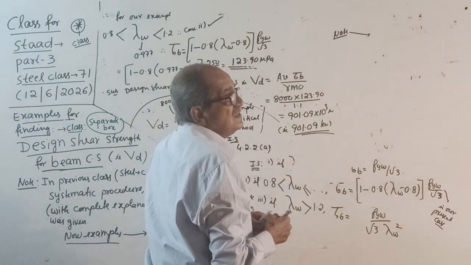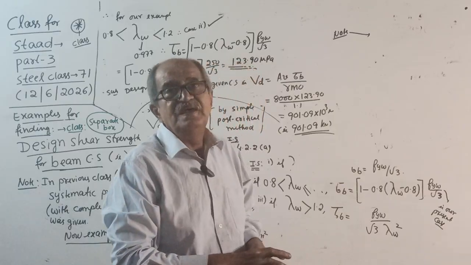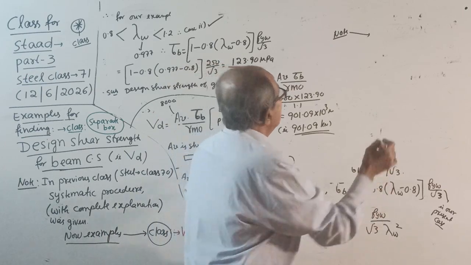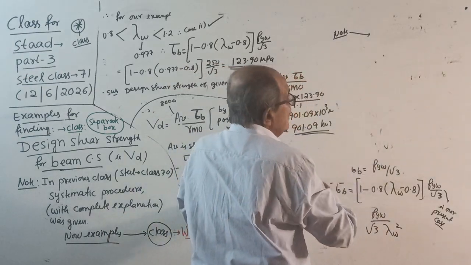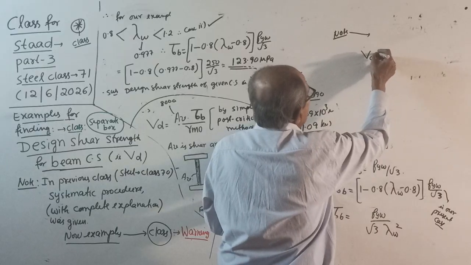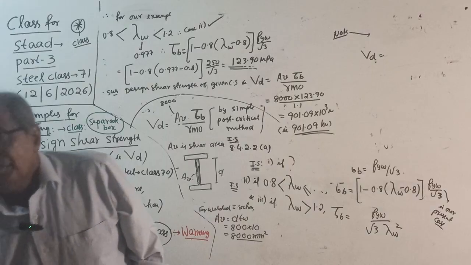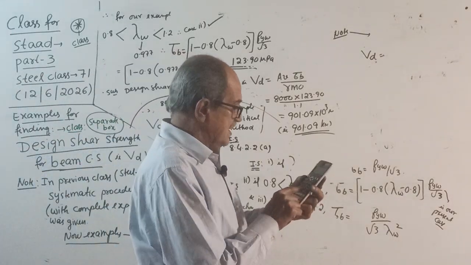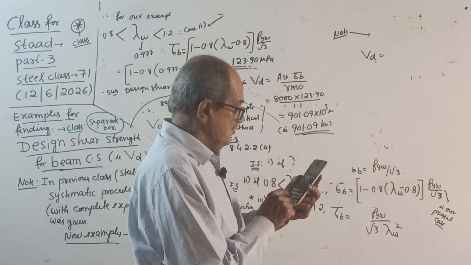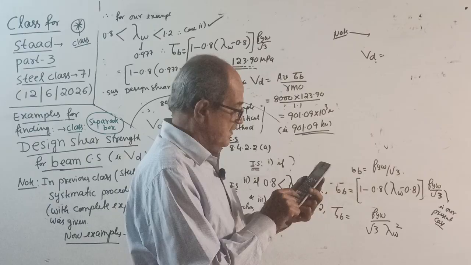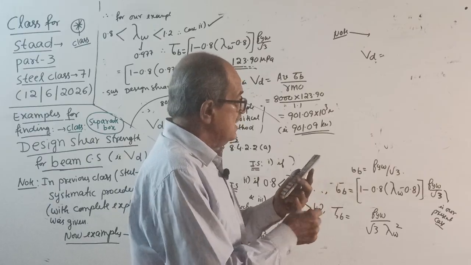Suppose this web is not susceptible to shear buckling, then its design shear strength will be, I will tell only for information, that is no tau b. Formula is what? Av, you write 8000 into fy 250 by root 3 divided by 1.1.